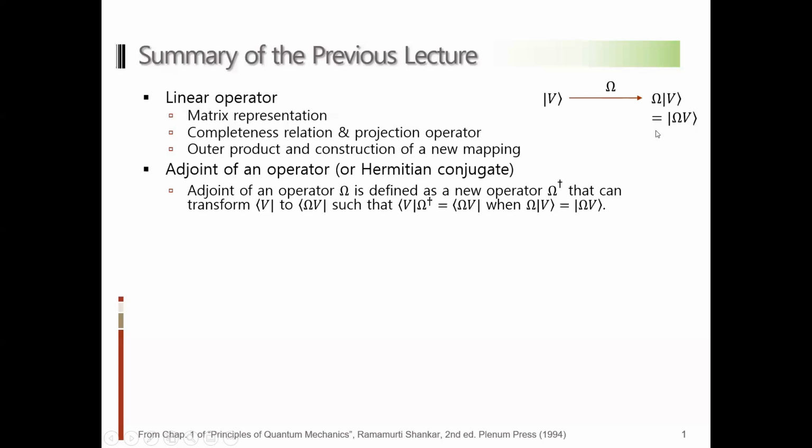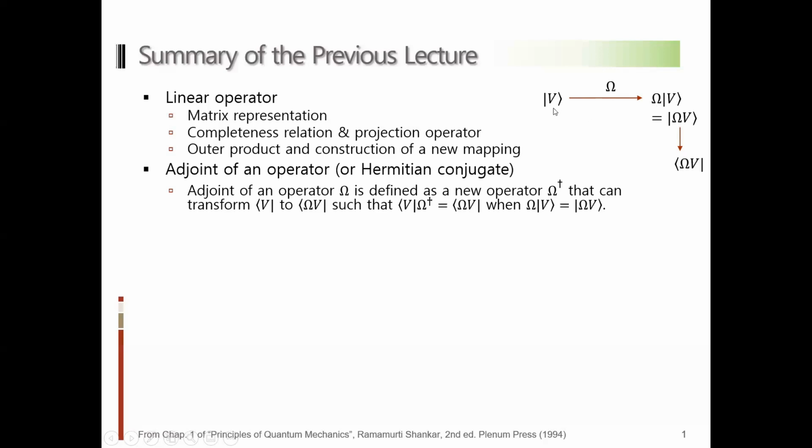Now, let's consider the dual space of this ket vector, and we call the vector in the dual space the bra vector. The bra vector corresponding to this one will be written with this notation. But this is not the only way we can obtain this bra vector of the result of the application of the linear operator on the vector.